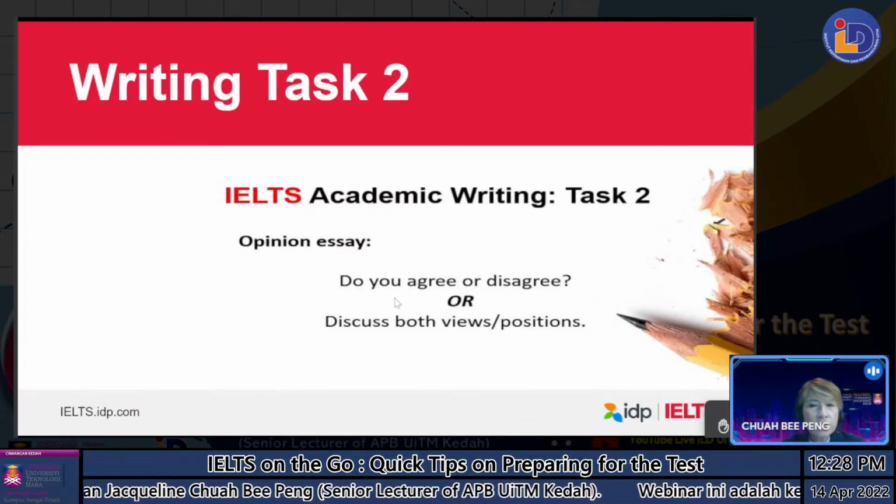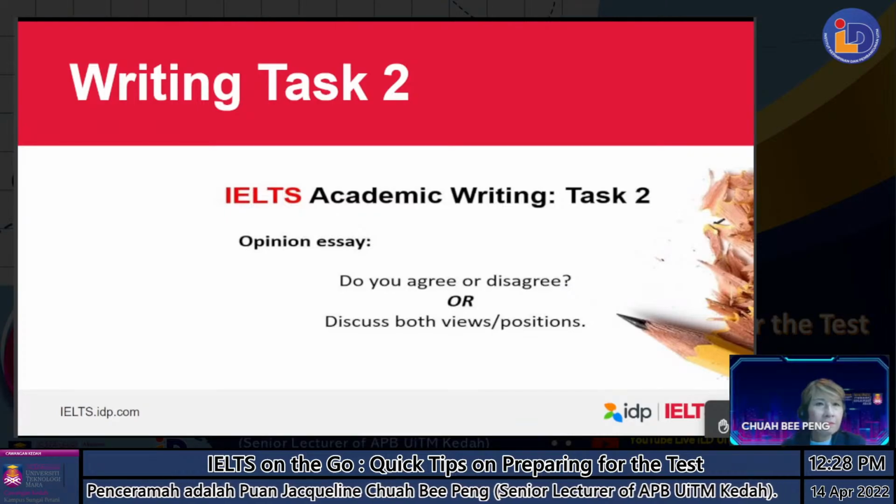If you come across this question, I'm doing a very quick quiz here. Which position do you think is easier to write? You choose 100% agree or 100% disagree, or you choose 50-50 or 70-30? Because over here it doesn't ask you to what extent, it might just ask you, do you agree or disagree? 70-30, that's my opinion.